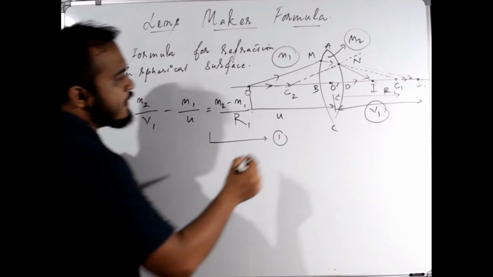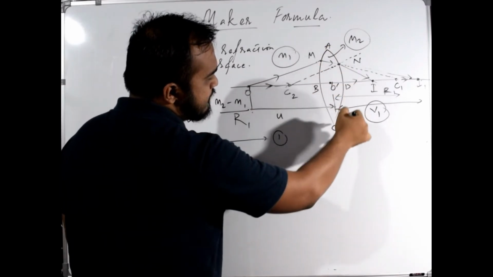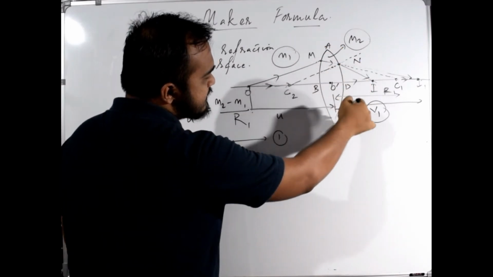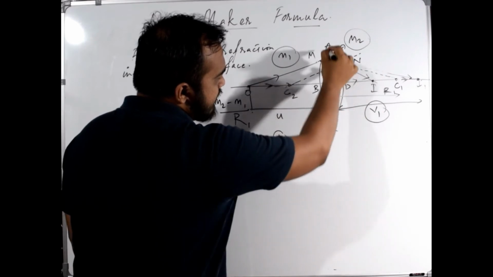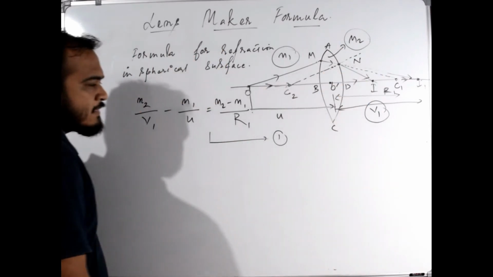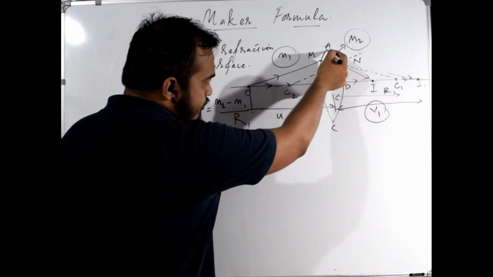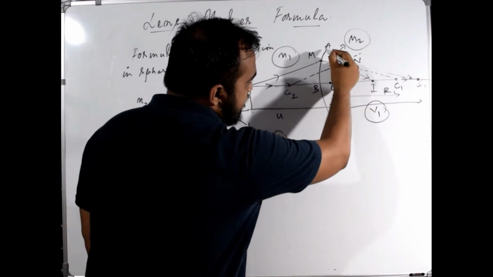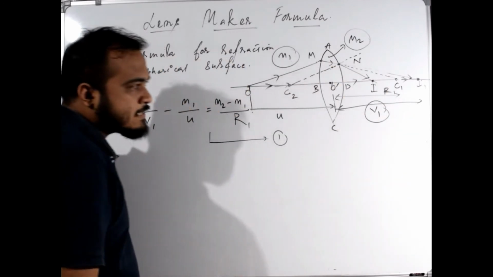Now if we consider this surface, at that time we are not considering the previous surface, so we are considering now the ADC surface.